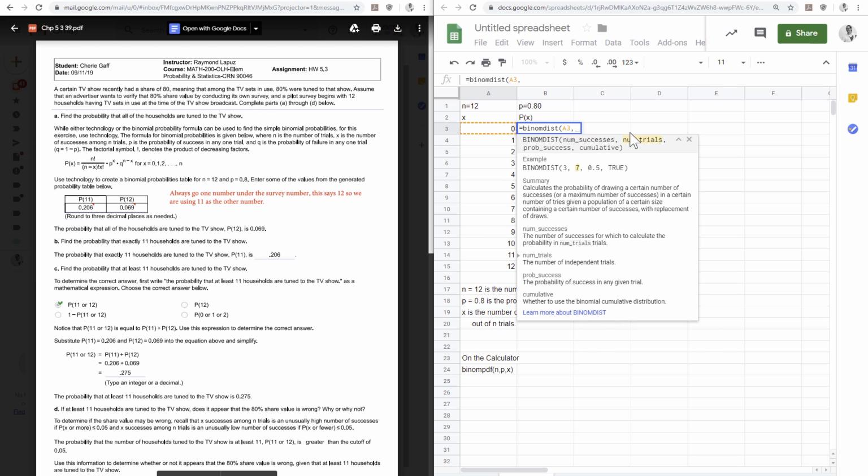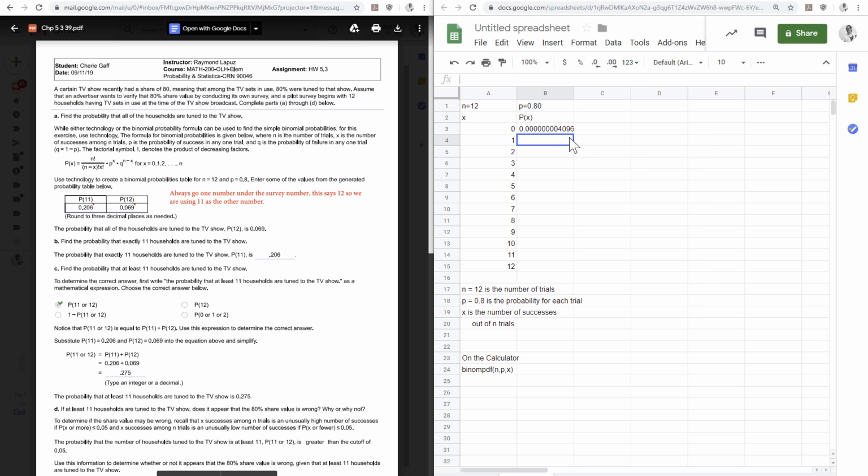The number of trials is 12, so I'll put 12. And then the probability for success is 80%, so that's 0.8. And then it asks if it's cumulative or not. In this case, it's not cumulative. You don't have to worry about this command because we're going to do this in our graphing calculator. But anyways, this is the value for X equal to 0.